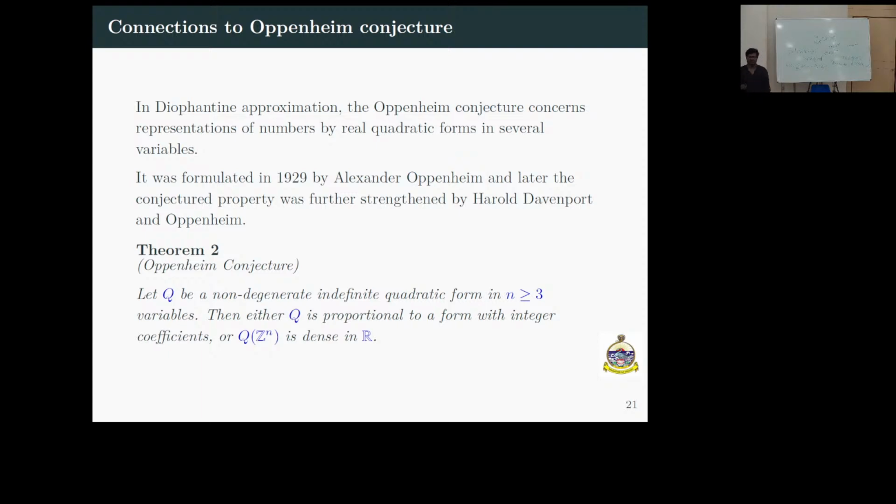Yes. So for the circle method, there is a restriction on variables. The number of variables should be very large. So usually with the circle method, we need the variables to be large. Of this quadratic form or this exponential sum?